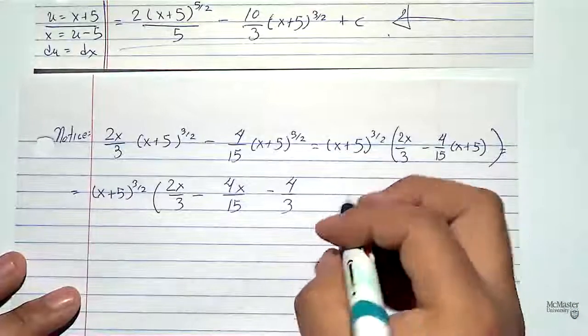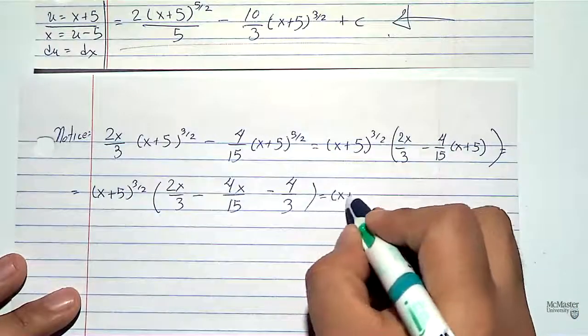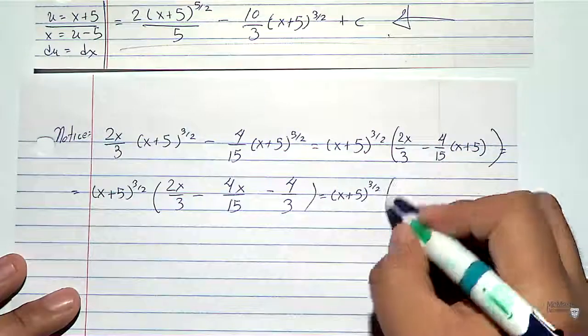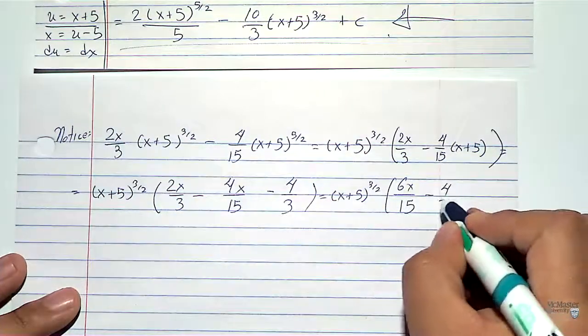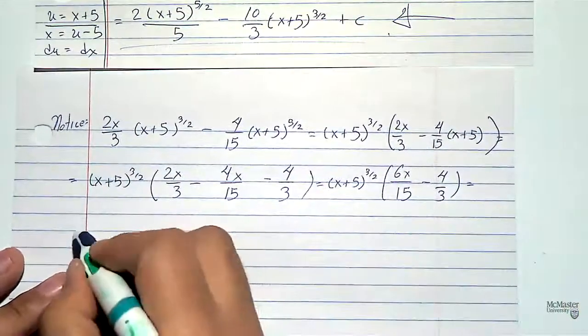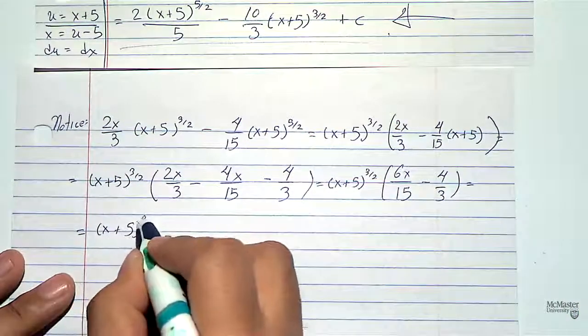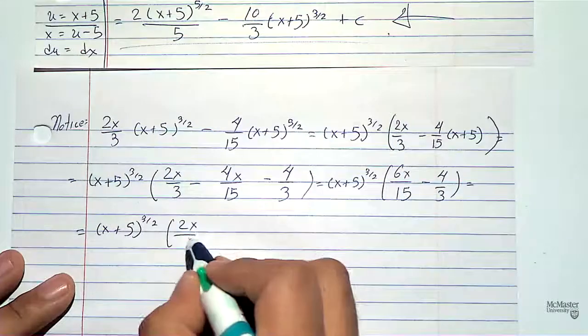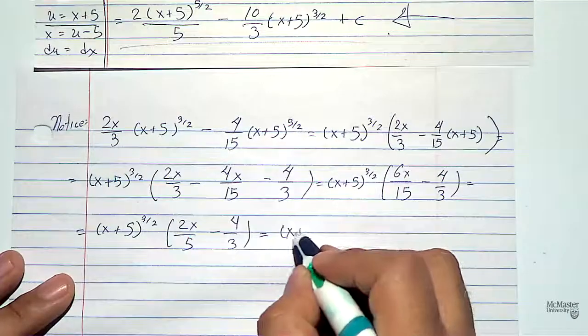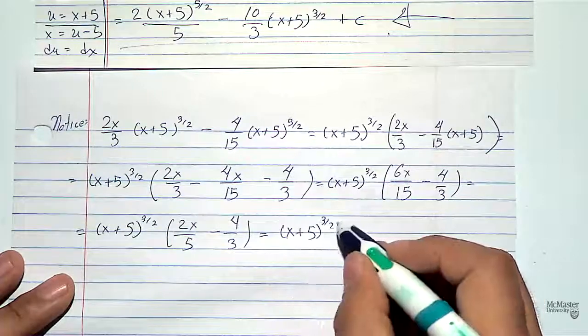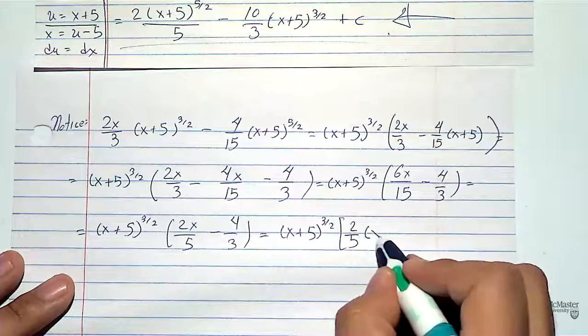Then you have x plus 5 to the 3 halves. And then if you do the computations, you have 6x over 15 minus 4/3, which would be equal to x plus 5 to the 3 halves of 2x over 5 minus 4 over 3, which would be equal to x plus 5 to the 3 halves of 2/5 of x plus 5.